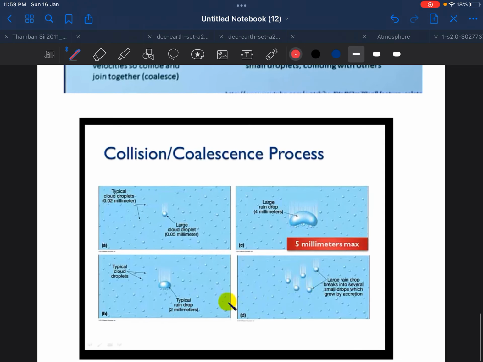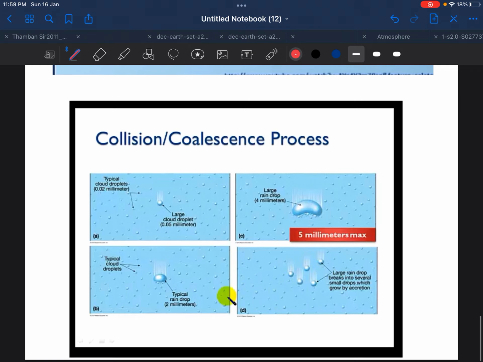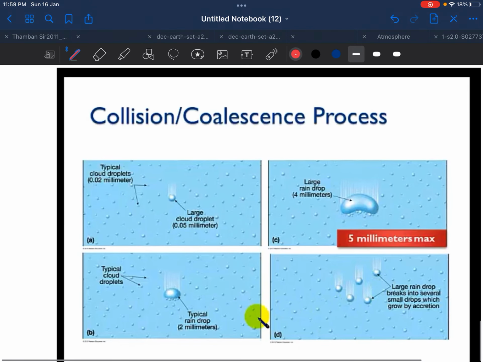Okay, now moving to the next. So here in this photo you can literally see we have a particle, a large cloud droplet, and it is falling down. If you compare the terminal velocity, it has a higher terminal velocity over here.